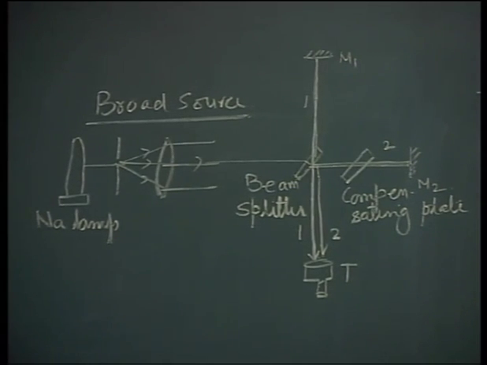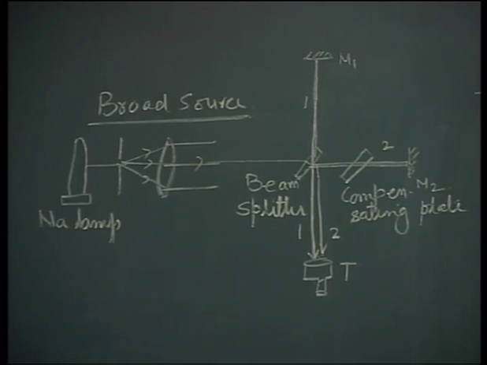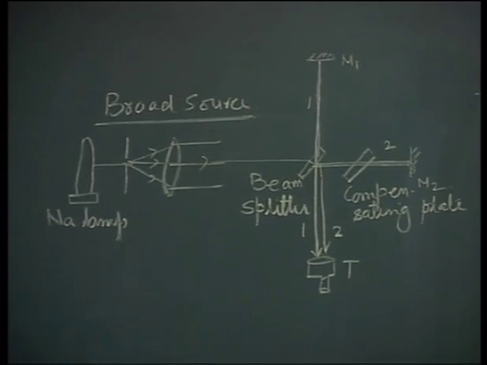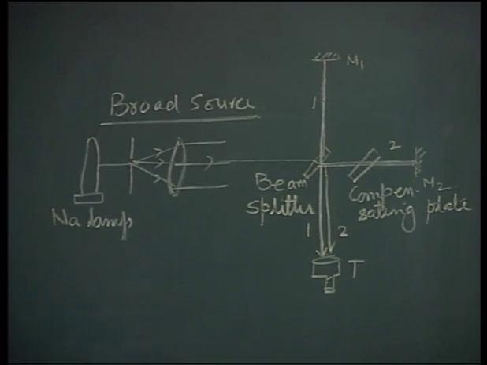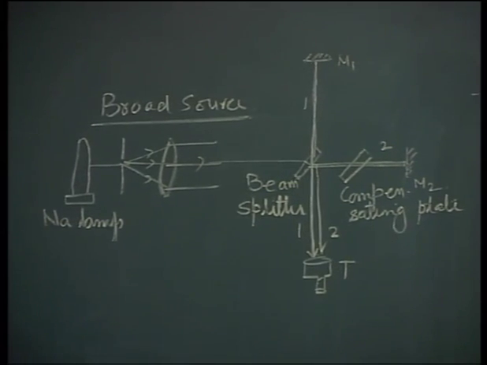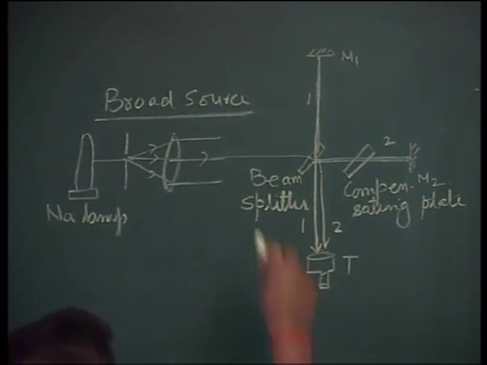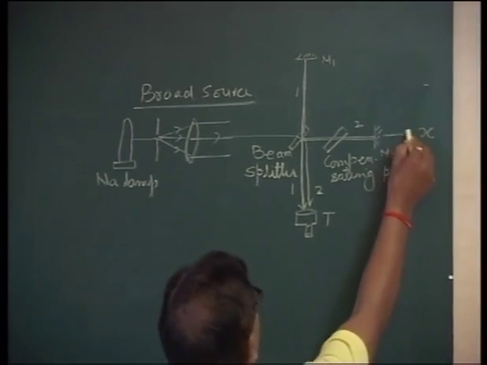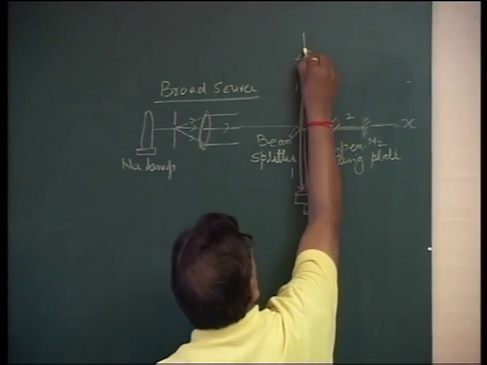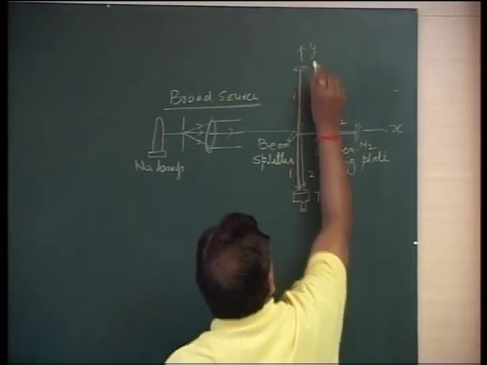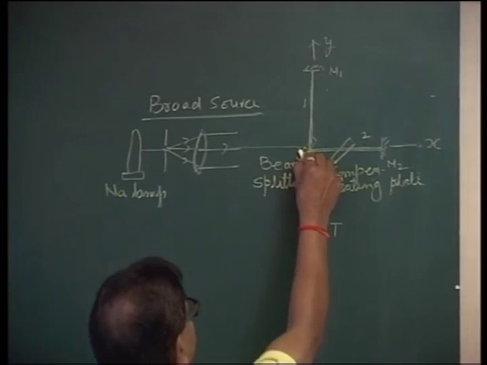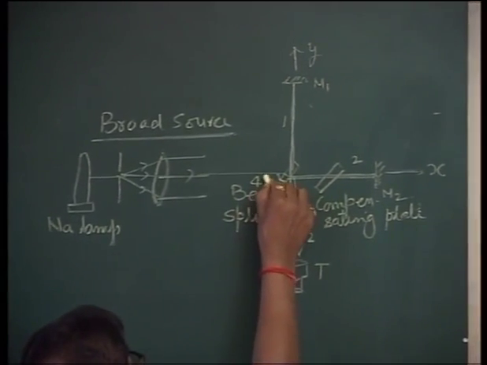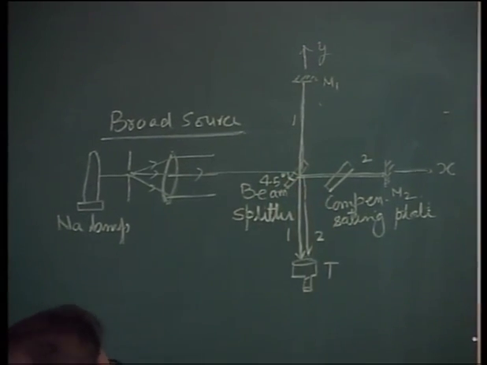The beam splitter divides this beam into two equal intensity beams, one traveling along the direction of light, say the x-axis, and another traveling perpendicular to it, the y-axis, because the beam splitter makes an angle of 45 degrees with the incident beam.